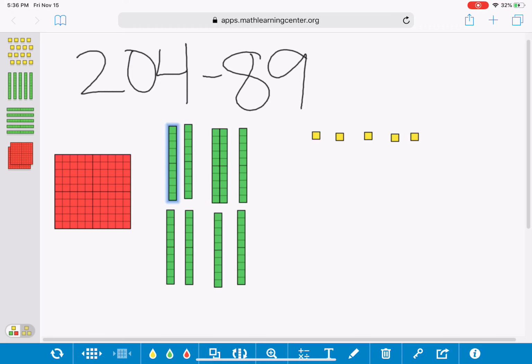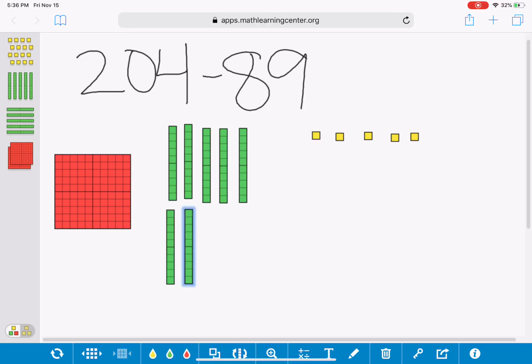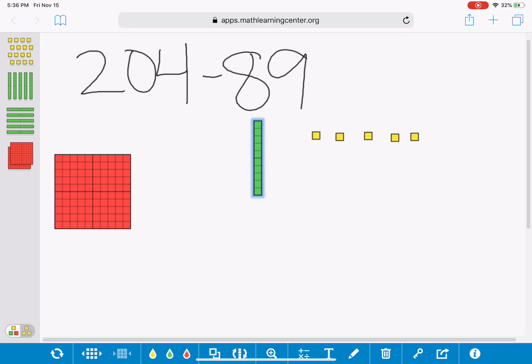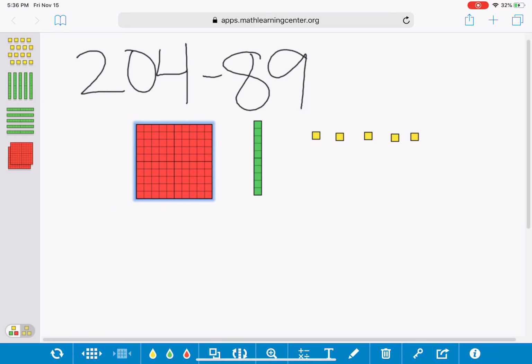but we need to take 8 away, as seen here. So 1, 2, 3, 4, 5, 6, 7, 8. So now we are left with 1 rod, or 1 ten. Finally, the student will move on to the hundreds place, where they will find no hundreds needing to be taken away from the 1 flat that is already there.